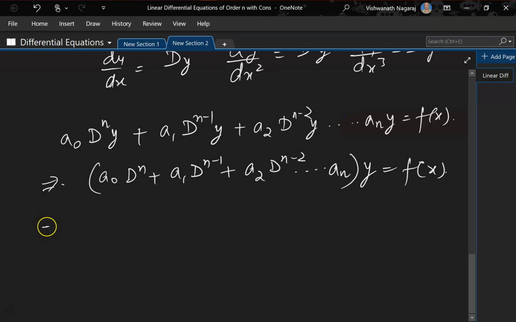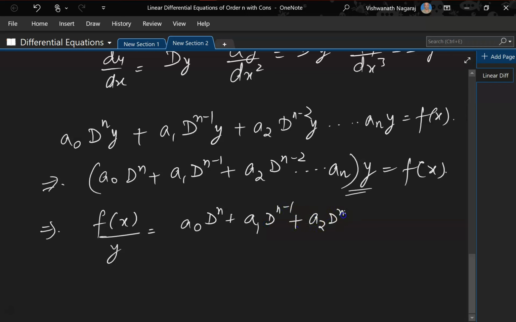And now we can take this y to the other side, so that f of x by y is equal to a naught D^n plus a1 D^(n-1) plus a2 D^(n-2) and so on up to a n.